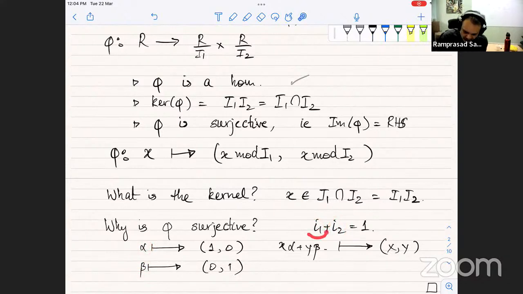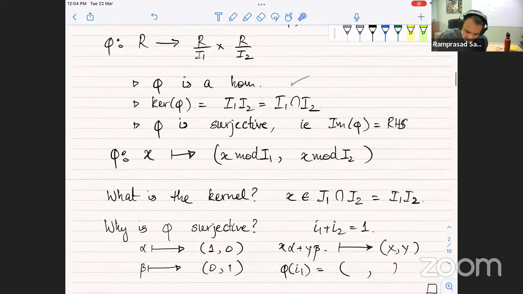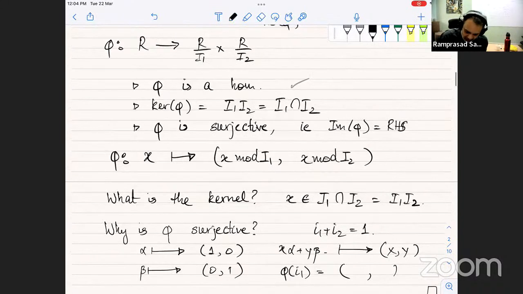What will the representative for small i1 be? Notice that phi of i1 says which coset of capital I1 and which coset of capital I2 it belongs to. What is i1 mod capital I1? It's an element of that coset, so that's equal to 0.